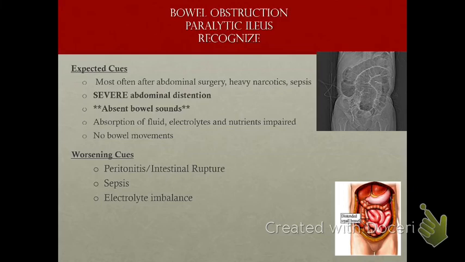Hypoactive. If I hear that second one in like 30 seconds or so, I'm like, that's normal. In a minute, I'm like, that's kind of slow. In 2 minutes, that's absent. Okay? That's kind of subjective, but I'm sure someone can probably find something on the timing of normal, slow, and fast. But you have to have no bowel sounds in that quadrant for 2 minutes to call them absent.